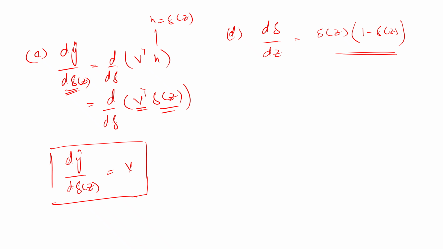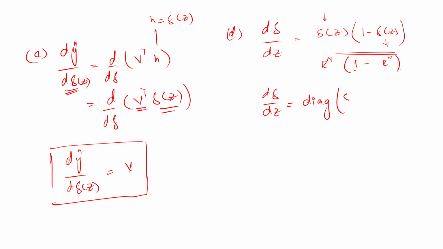But the key point here is that we have to note its dimensions. Sigma of z is actually a vector with this dimension, and 1 minus sigma of z is also a vector with this dimension. So how do we derive this? The problem is that when we derive its derivative, it will be obtained as a diagonal matrix.